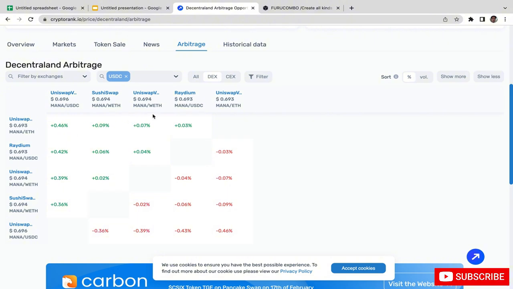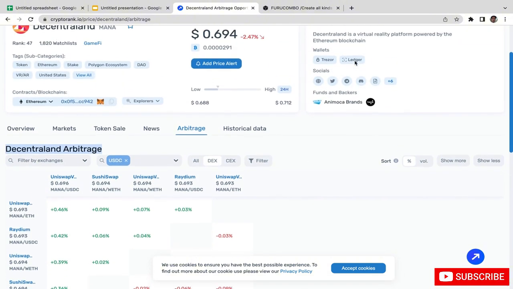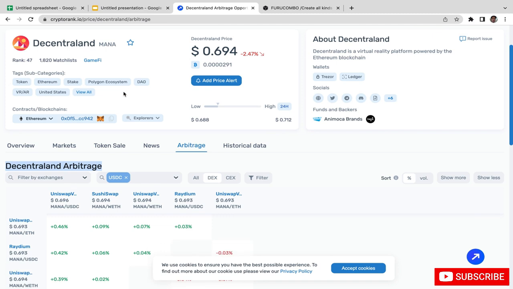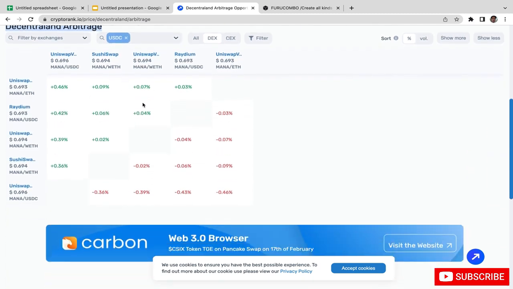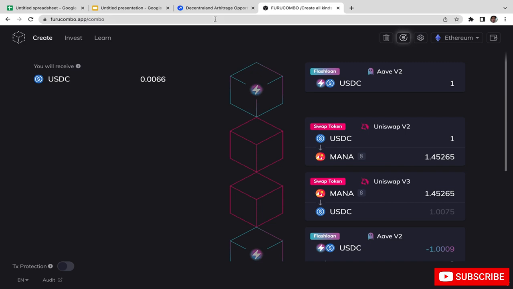For this coin, Decentraland or MANA, we track the price differences from one DEX to another DEX, let's say Uniswap v3 to Uniswap v2. So we track it and then see all these green numbers. Those are arbitrage opportunities. And notice why our profit was really small here.